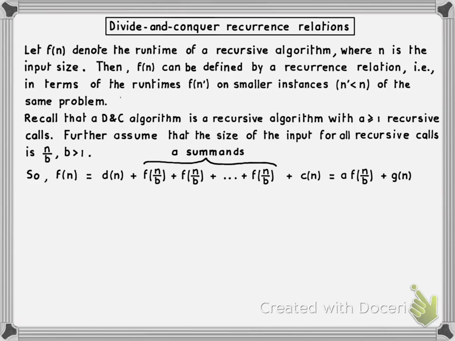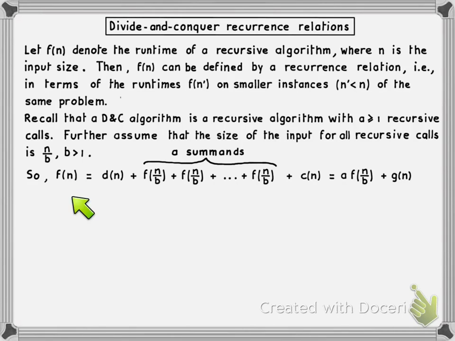So in conclusion, the runtime of a divide and conquer algorithm for an input of size n is equal to a times the runtime of the same algorithm on an input size of n over b plus the time g of n that it takes to divide and combine the solutions to the smaller problems.